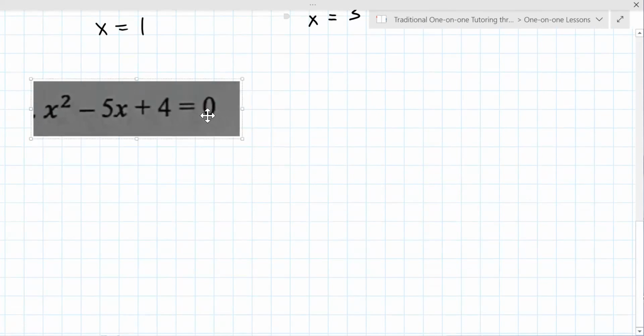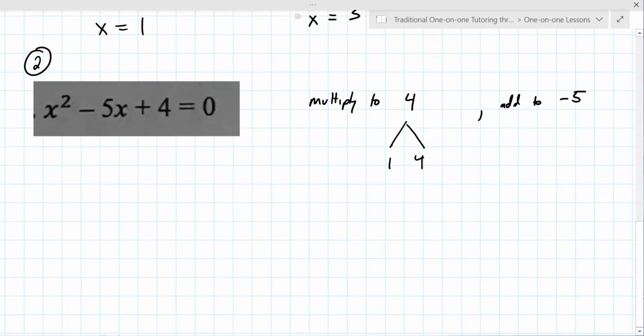So this is number 2. You need to find numbers that multiply to 4, but then add to -5. So for example, 1 and 4. But what do they add up to?